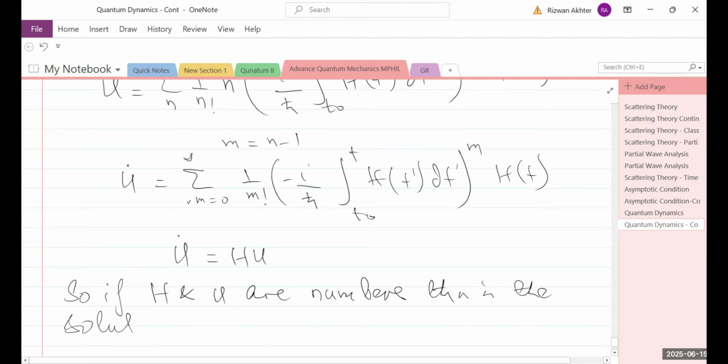So now अगर h and u are operators rather than numbers, then in the जैसे हमने पीछे वाले केस में जब हमने टाइम इंडिपेंडेंट का केस किया था, the solution was again we got some solution which basically gives us conformity with the actual differential equation, and then we prove that u is unitary, but यहाँ पर थोड़ा सा difference होगा.